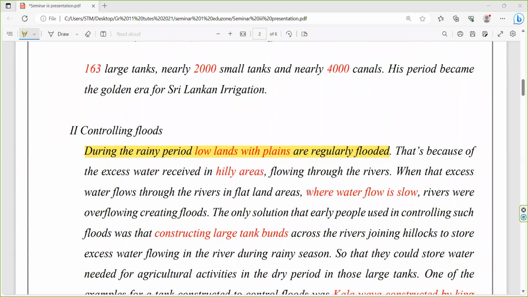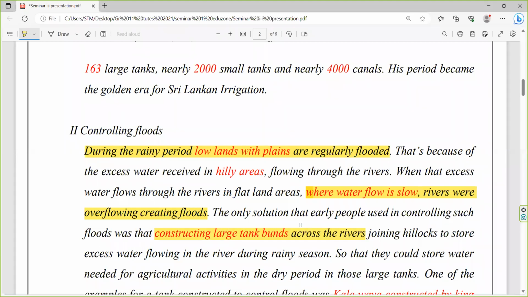So how are the floods created? You should explain how the floods are created. Then, constructing large tanks across the rivers, you have to tell the solution: how these floods were controlled. Early people constructed large tank bunds across rivers.